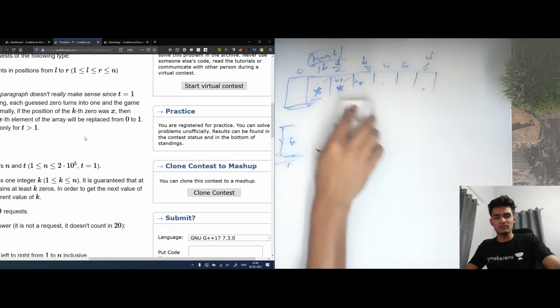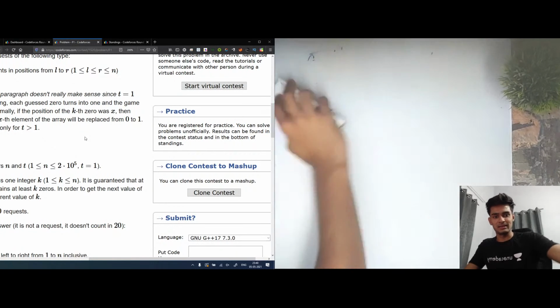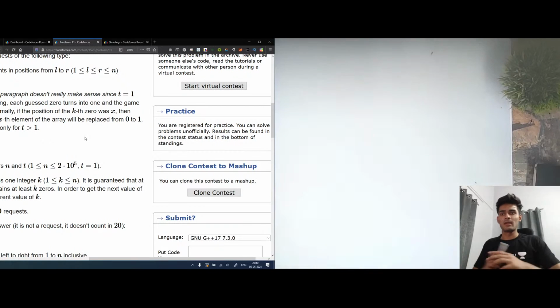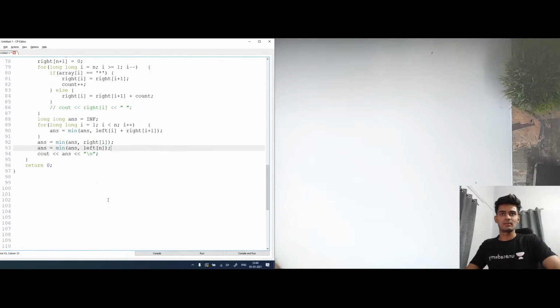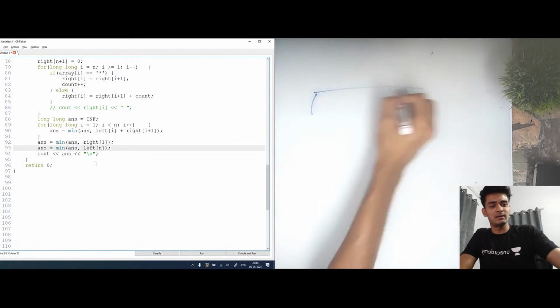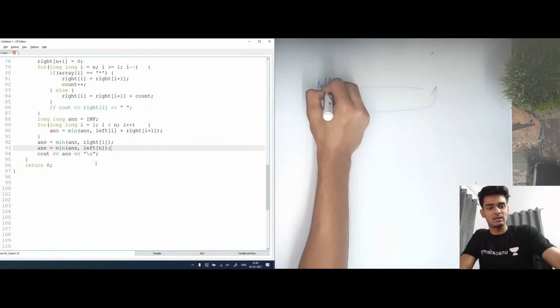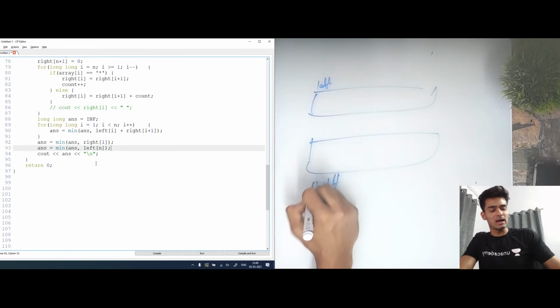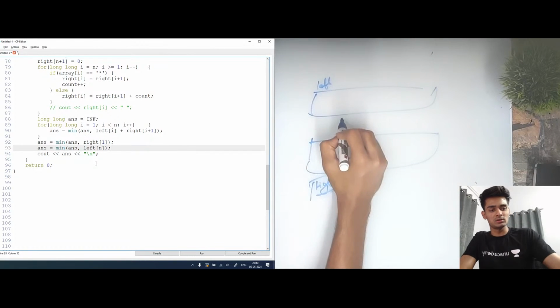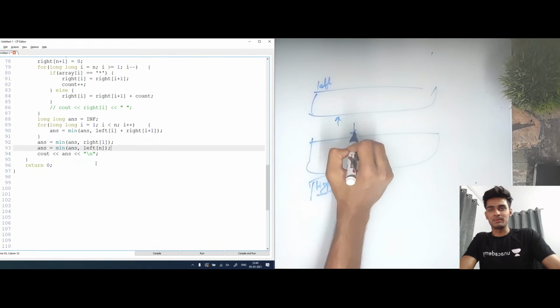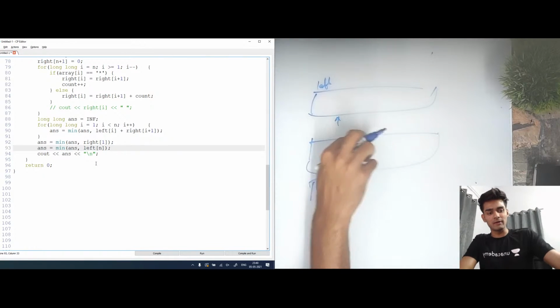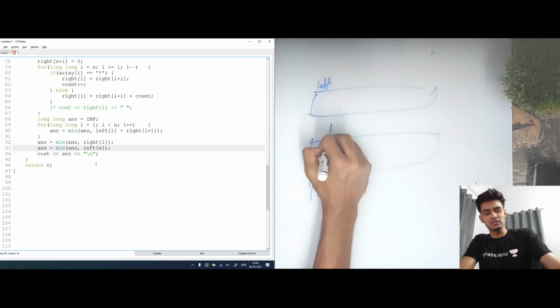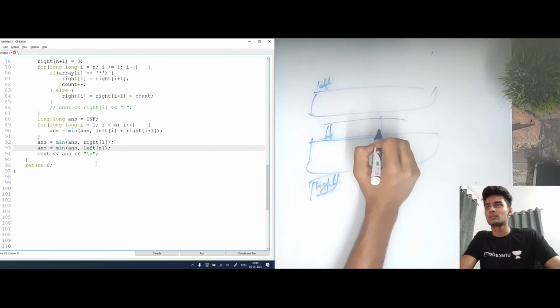Gaurav says, can you explain the last two lines? Okay, I'll explain them again. When we had this left array and this right array, what we assumed was left of i and right of i plus 1. But what we can also have is that there is nothing on the left and every sheep is in the right direction only.